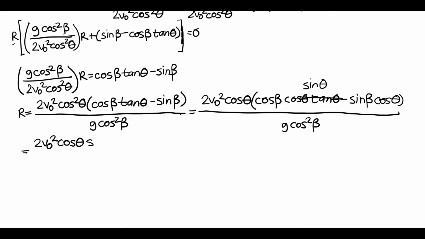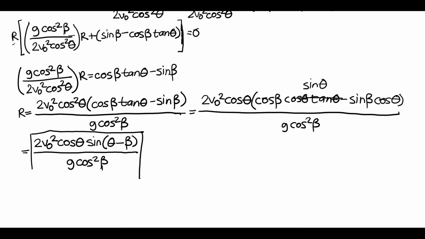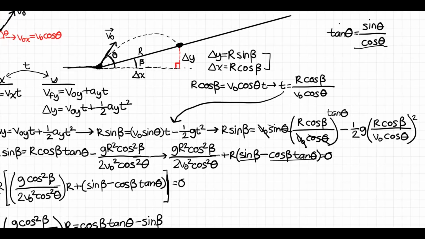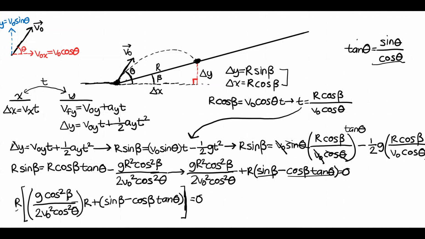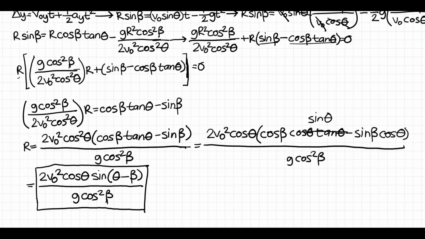If you know that trig identity, you can simplify even further, and you get this expression. This is probably the most you can simplify it, and this is our expression for the range R of a projectile shot at the base of an incline.